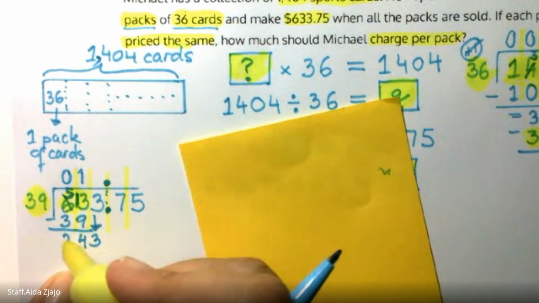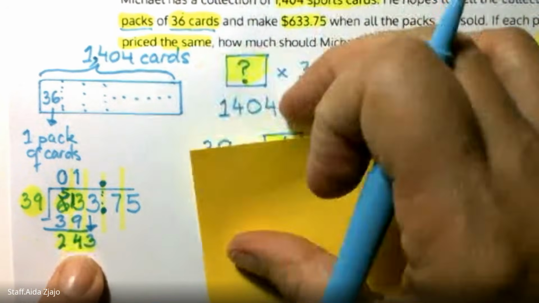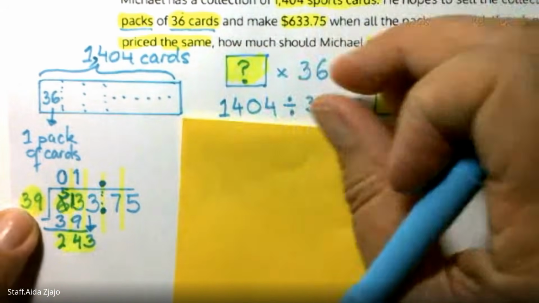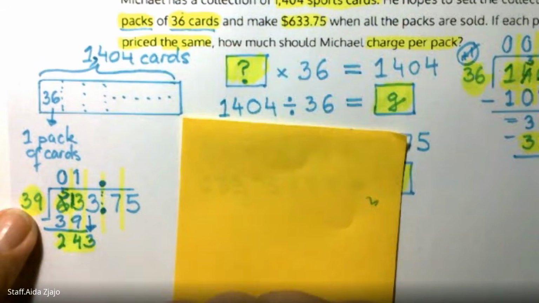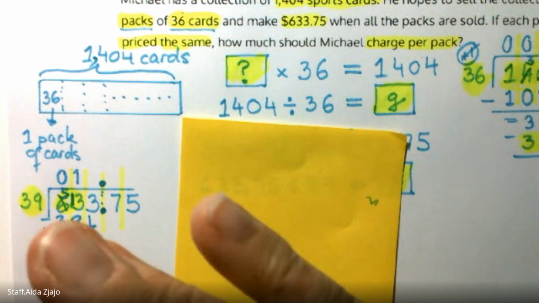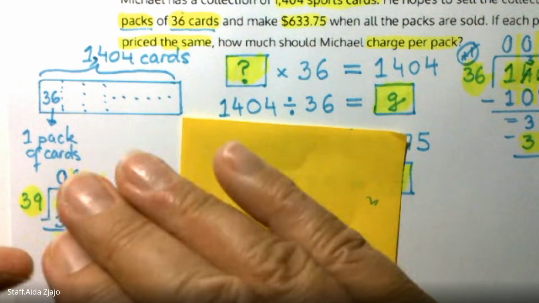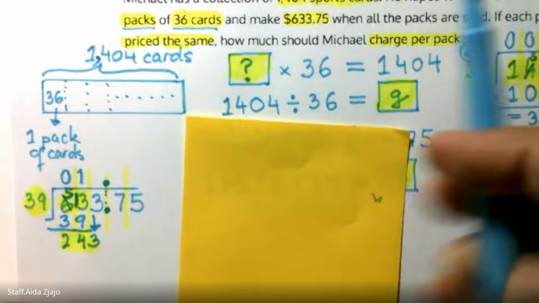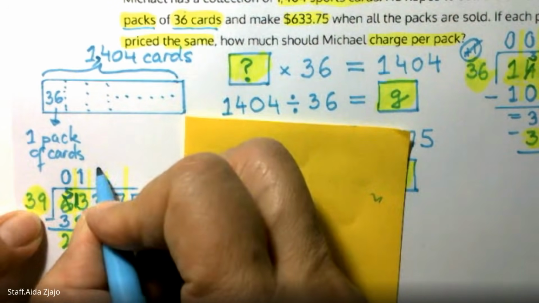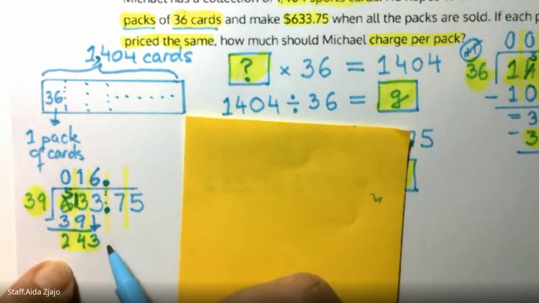Now think about this to be 240 and this 40. If you skip count by 40, 40, 80, 120, 160, 200, and 240, you will have 6 groups of 40 or 6 groups of 39 in this number.